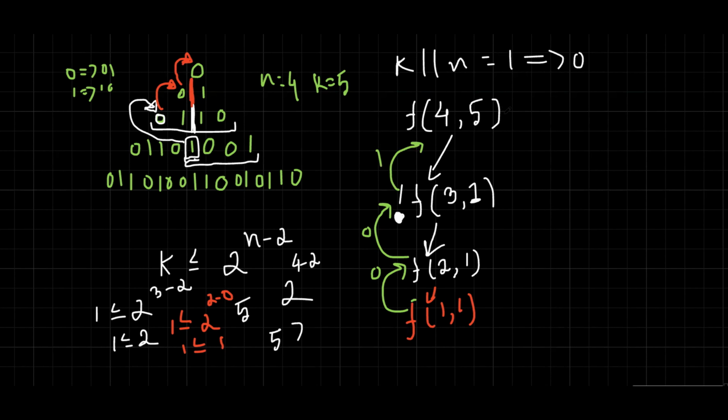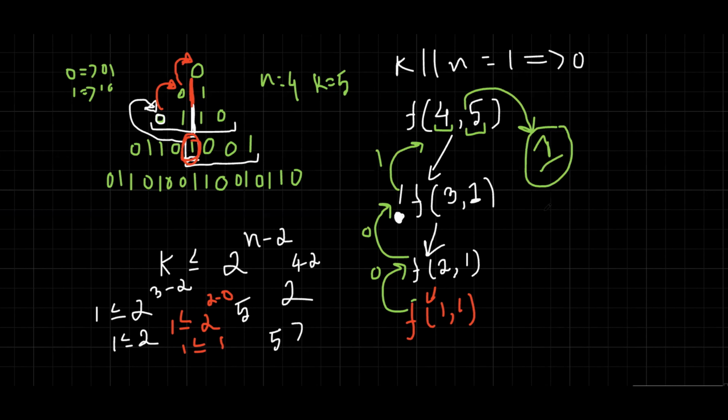Now this main function will return the value 1 to us. Surprisingly, we can see that for the fourth row, the fifth element will be 1, which is this. This is how the recursive solution works.